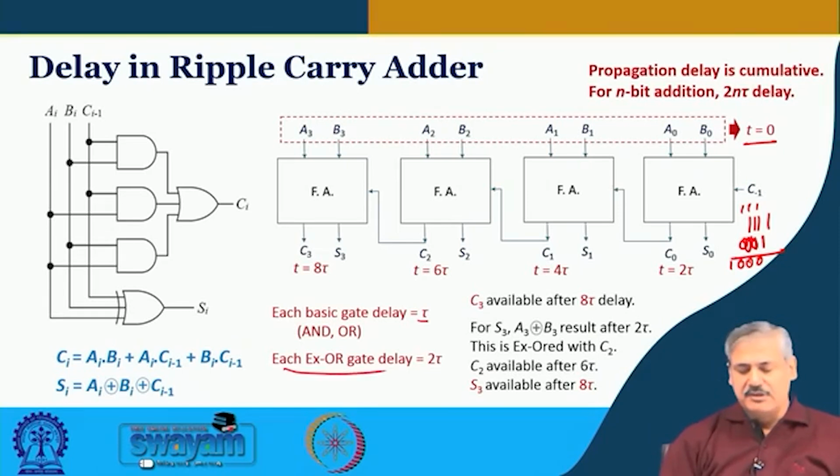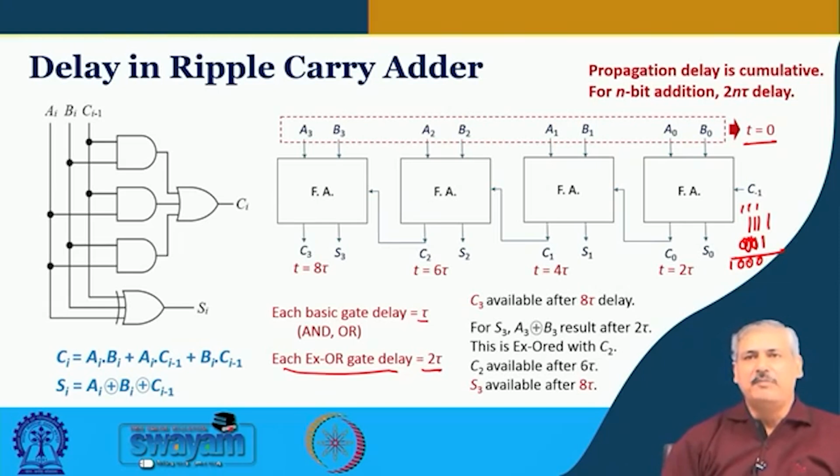And of course, we take note that the XOR gate, which requires A B prime plus A prime B, that kind of circuit, requires 2 tau gate delay, that is 2 basic gate delays, considering the way it is arranged. So, how much is the delay in completing the ripple carry addition for 4-bit?